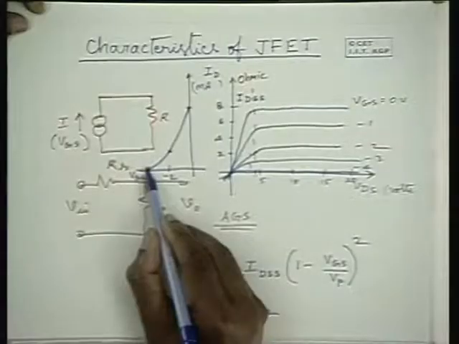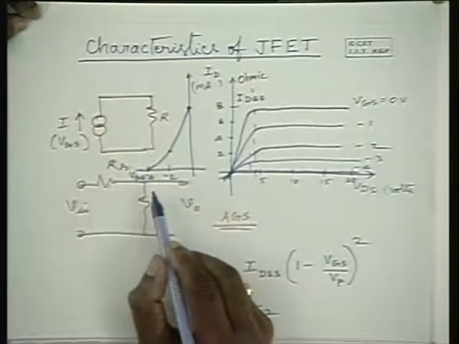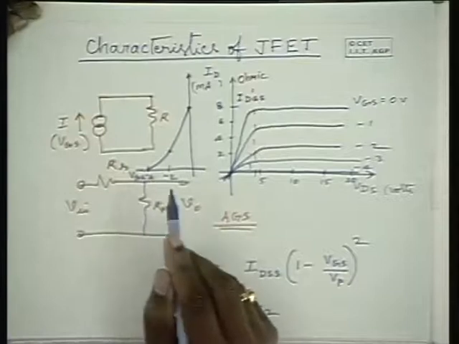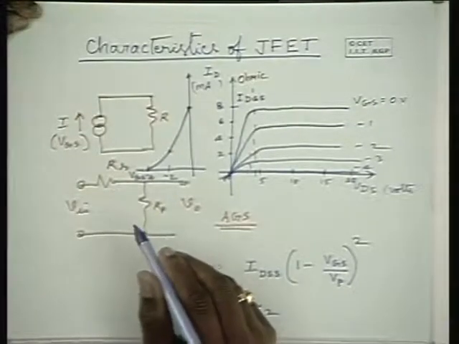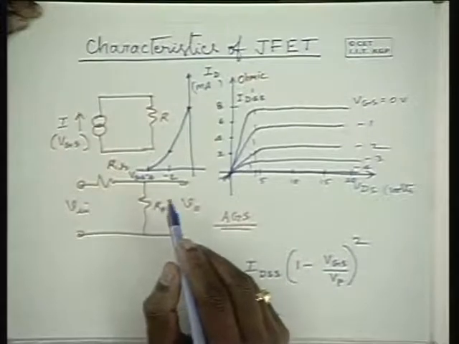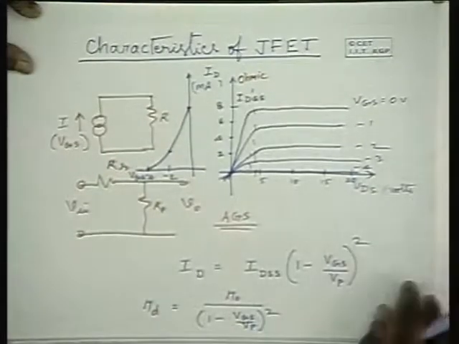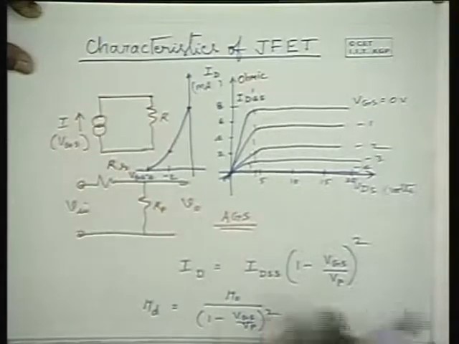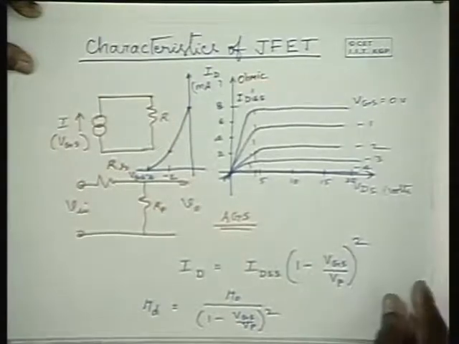Therefore, the resistance of the channel would be of the order of several tens of mega ohms in the case of a silicon FET. So, because of this reason, that particular gate to source potential is known as the pinch off voltage. And VP is negative in this particular case.